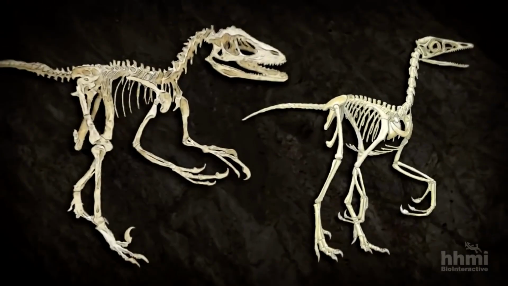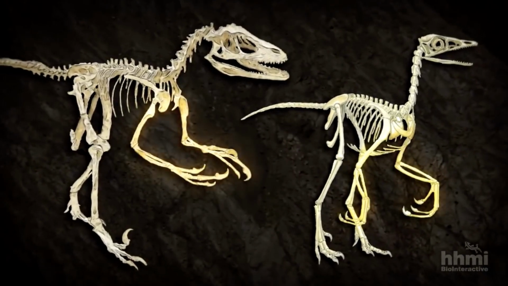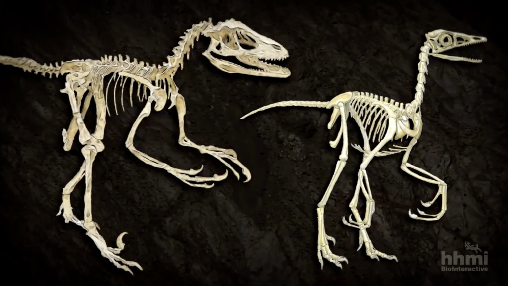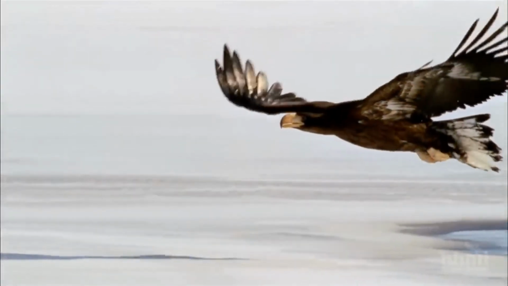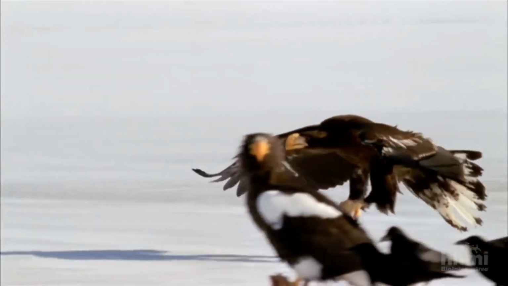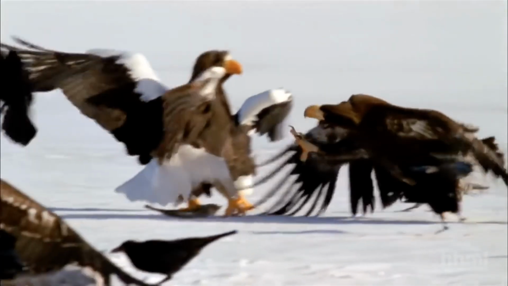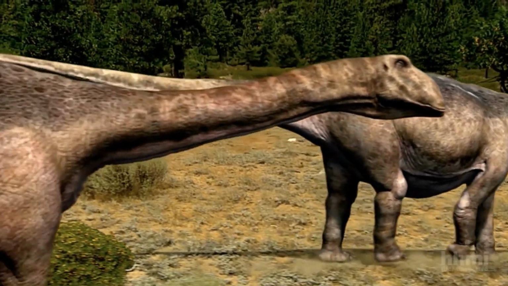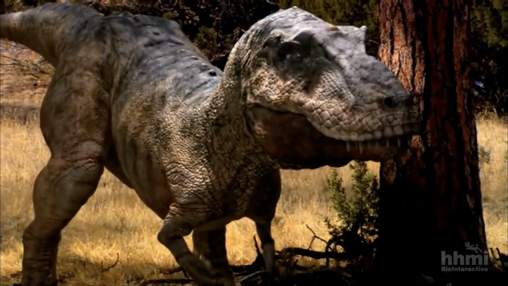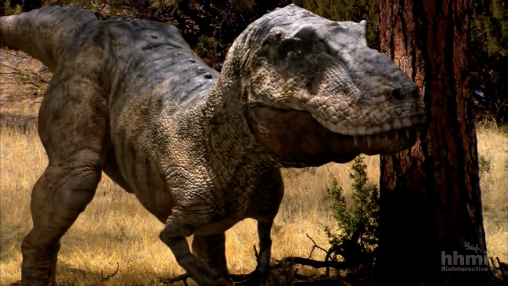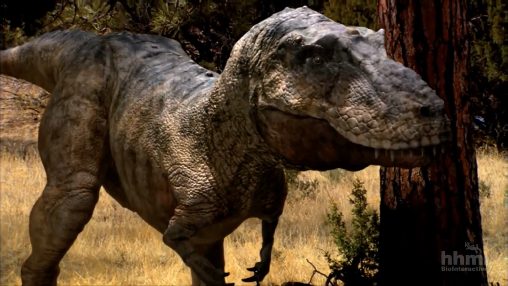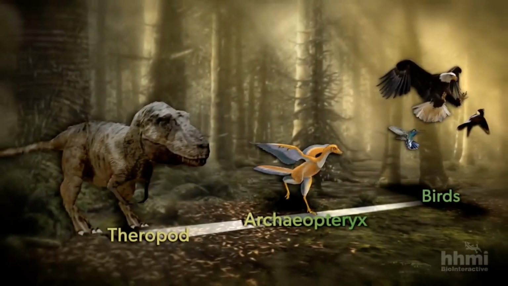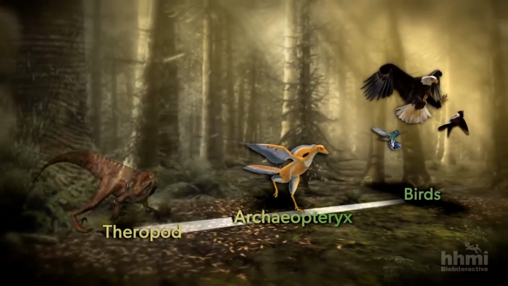And they shared even more features, including long arms and similar hip and shoulder bones. Ostrom concluded that birds did descend from dinosaurs, as Huxley had argued. Not from lumbering sauropods, but from another lineage called Theropods that walked on two legs and included T. rex and agile predators like Deinonychus.